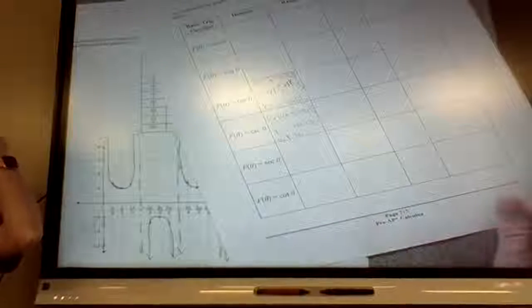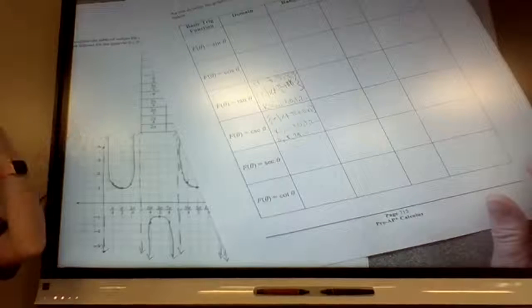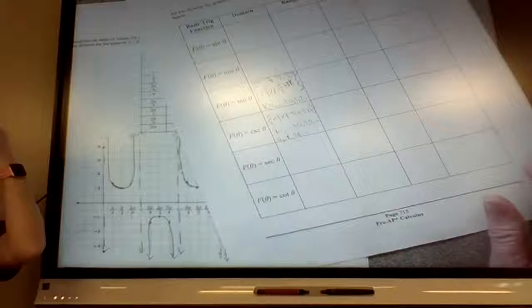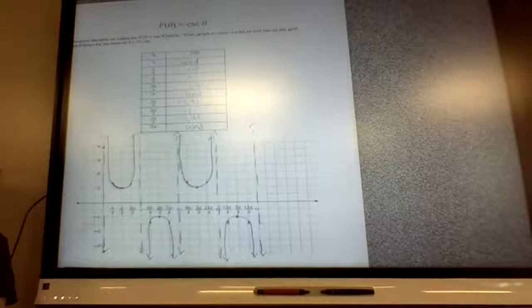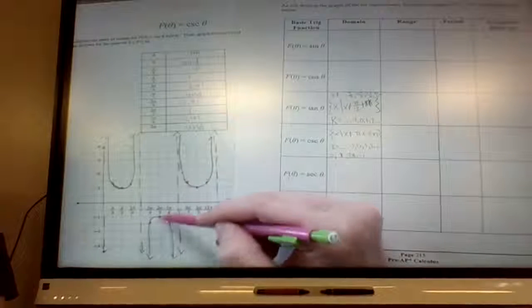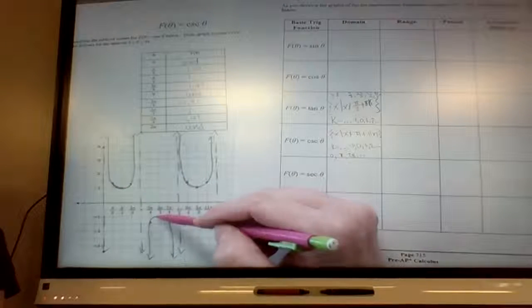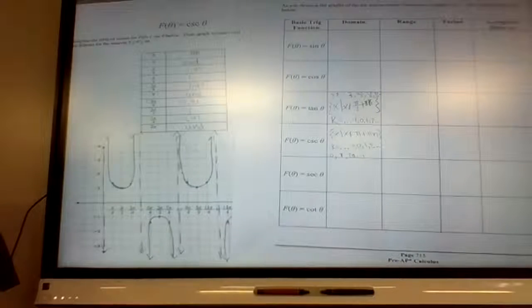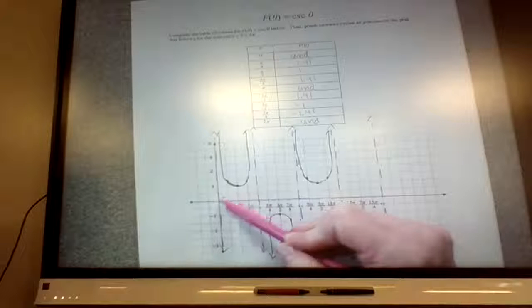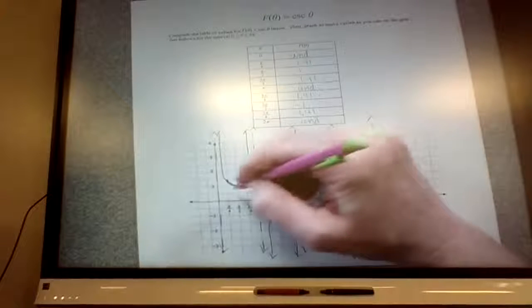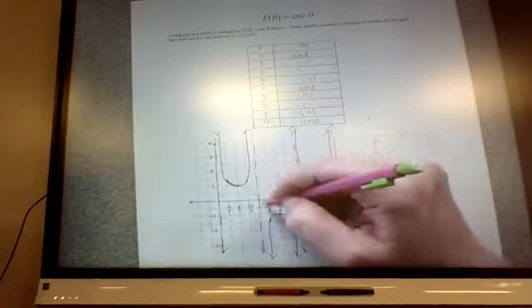What's your range? Good. Right. It's not all real numbers. It's definitely jumping from here to here. If you notice, you can draw in the sine function.